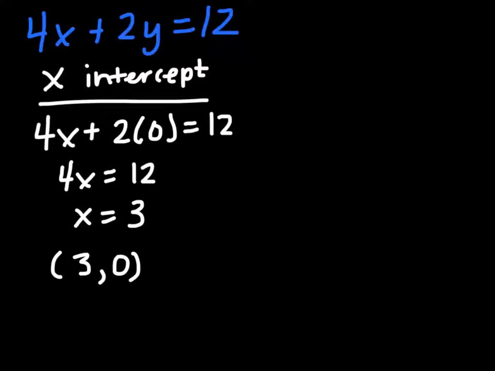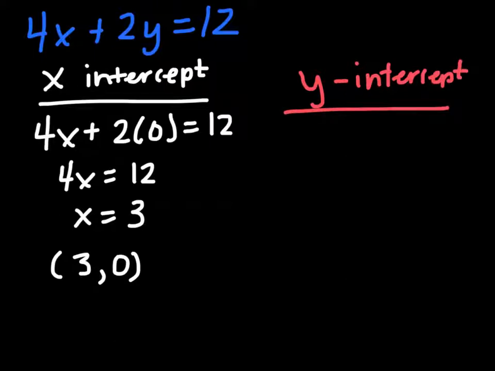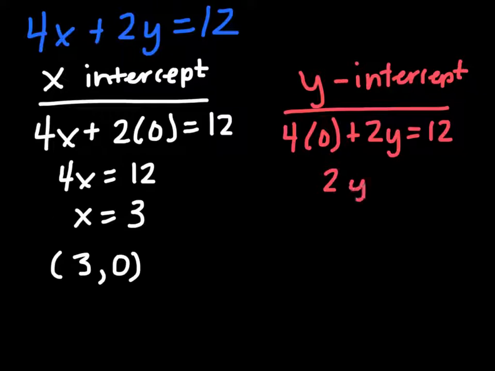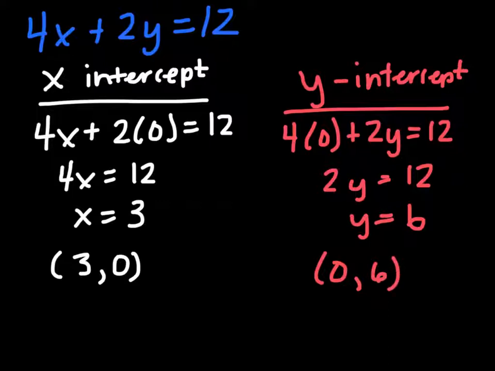Now let's solve for our y-intercept. And once again, we'll simply replace our x with 0 and solve for y, giving us a value of y equals 6. So the coordinates for our y-intercept will be 0, 6. Okay, let's go graph this.